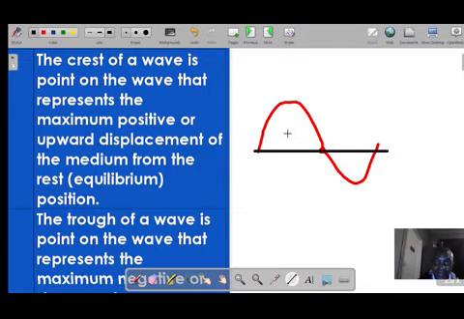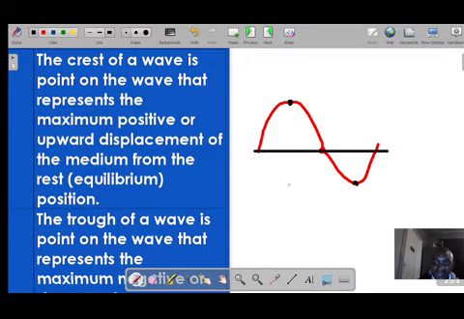The crest of a wave is the point on the wave that represents the maximum positive or upward displacement of the medium from the rest position. As you can see, the crest of this wave is this point here, and then this one is called the trough.